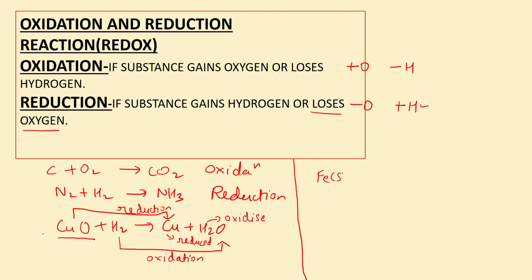We can take one more very important reaction. This is iron plus water plus oxygen, which gives you hydrated ferric oxide. Here there is no need to balance the equation because this can be any number.